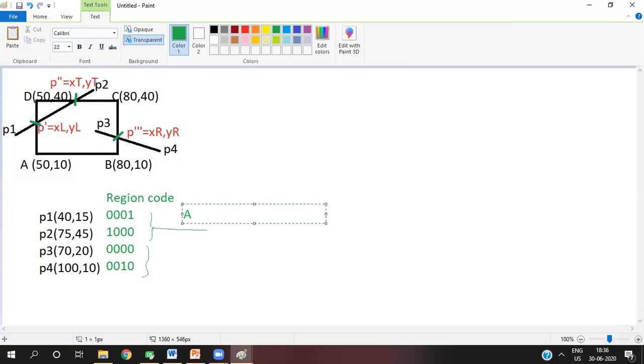After AND operation, what is the result? You will get 0000 for P1, P2. What about P3, P4? Again, you will get 0000 AND result. Okay, so that means the lines are partially visible. Yes, partially visible.